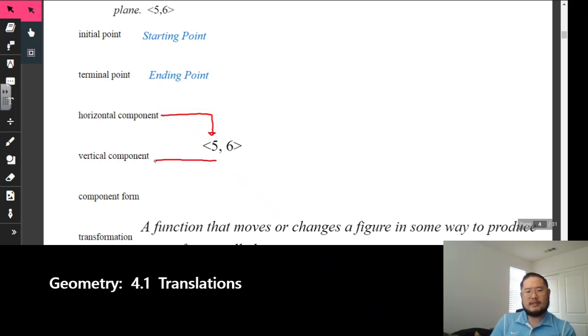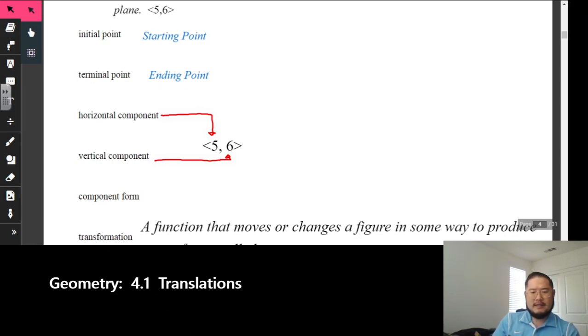The number 6 is your vertical component. Now, the 5 and 6 doesn't tell you where the point is. It's telling you how many units from the initial point it's going to be moved, up 5, to the right 6, to where our terminal point will end up being.